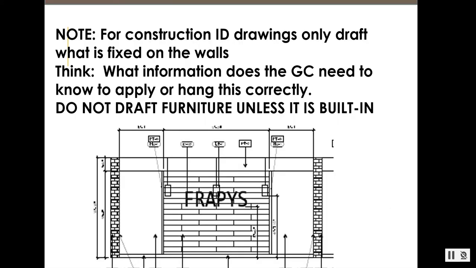Now, note, for construction, ID drawings only draft what is affixed to the wall. Now, I have said that, and I'm going to repeat it. So what information does the GC need to know before he hangs something up correctly? Do not draft furniture unless it is built in. I can't say this enough.